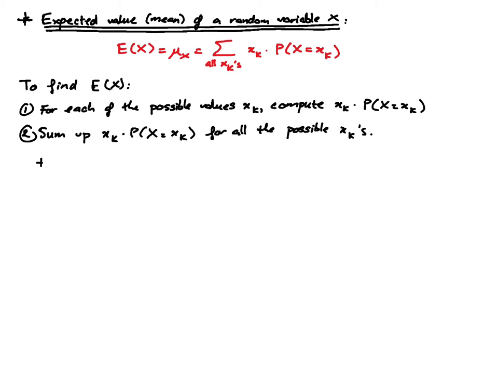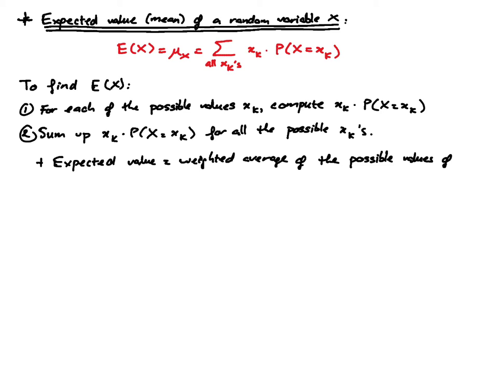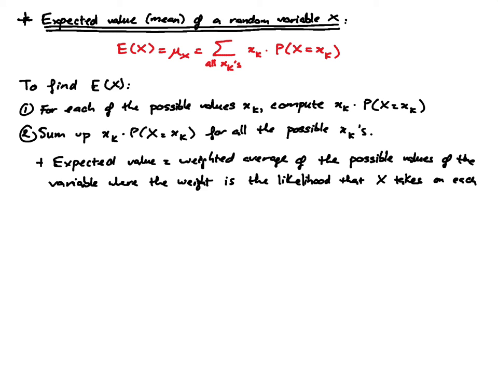Okay. So now, if you will, the expected value according to the formula is just a weighted average of the possible values of the variable, where the weight is the likelihood that X takes on each particular value.